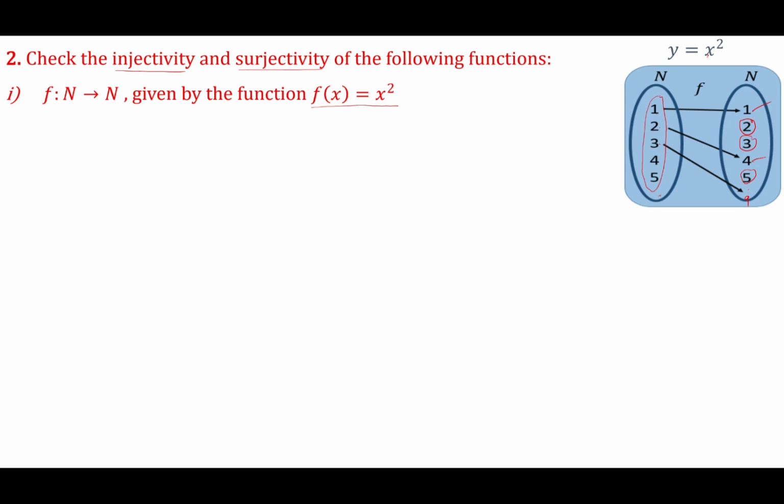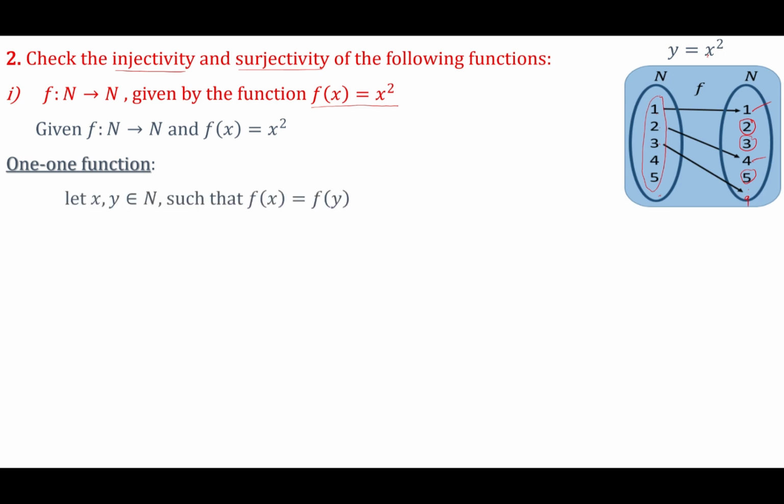I proved it, but let us see this one. Given function from natural numbers to natural numbers defined by f of x is equal to x squared. We have to check one condition: if any x, y belongs to natural numbers such that f of x is equal to f of y, f of x is nothing but x squared, equal to f of y, which is y squared.